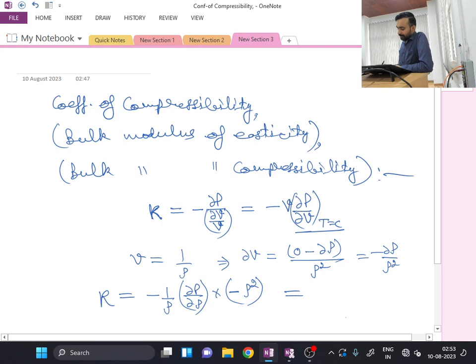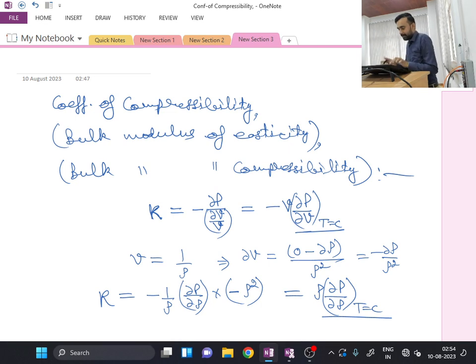So from here what you will get is that the coefficient of compressibility is equal to density times del P by del rho at constant temperature. One important thing: whenever I write the generic definition in terms of volume, I write del P by del V. The reason for the negative sign outside is that increase in pressure will result in decrease of specific volume.